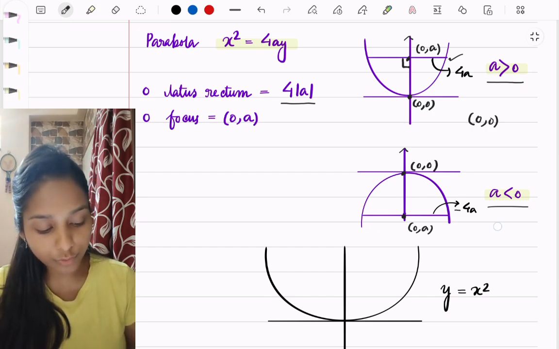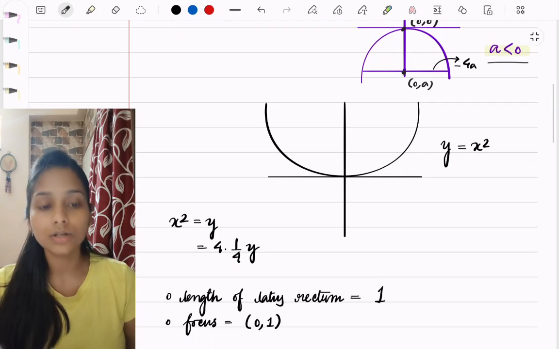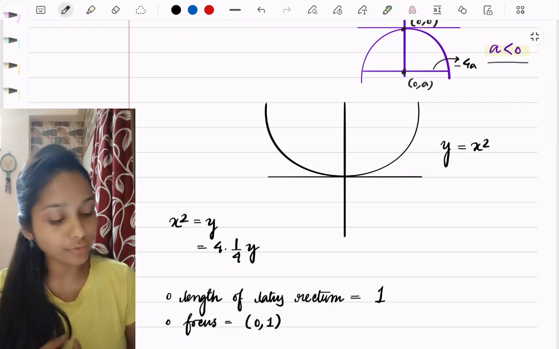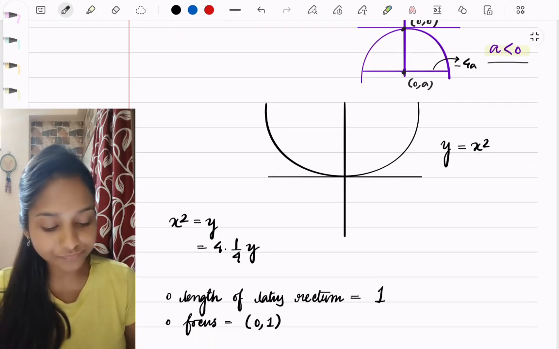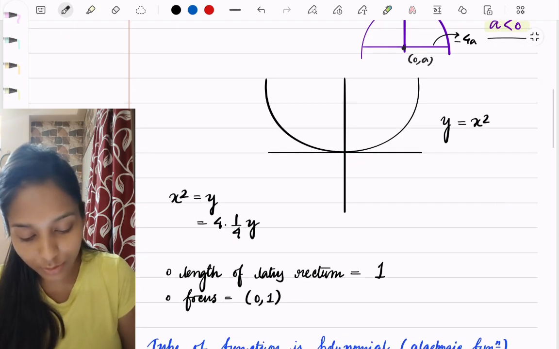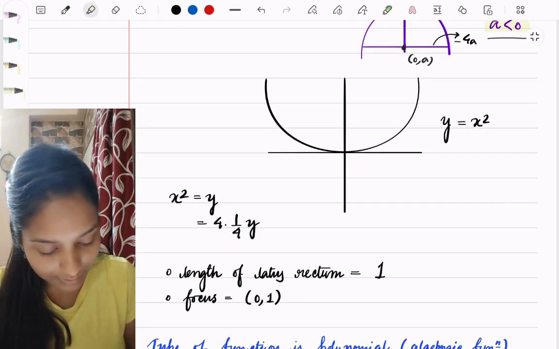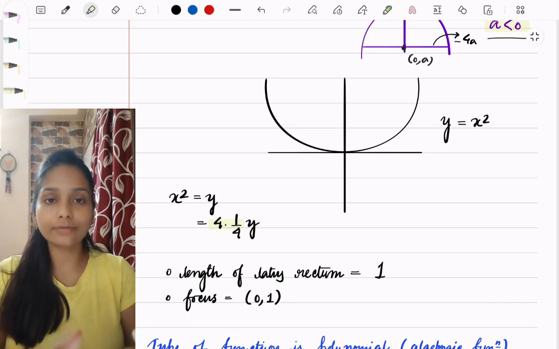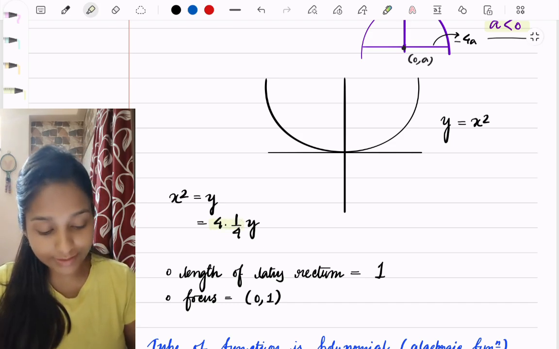Now we move towards our function of concern, which is y equals x square. So we can write y equals x square like this, x square equals 4ay.